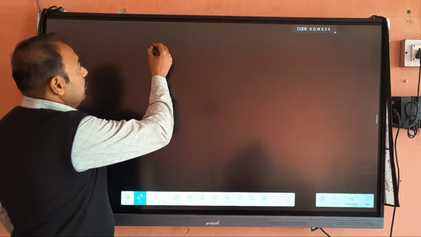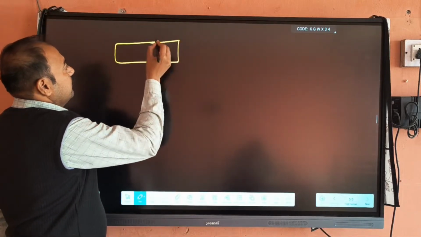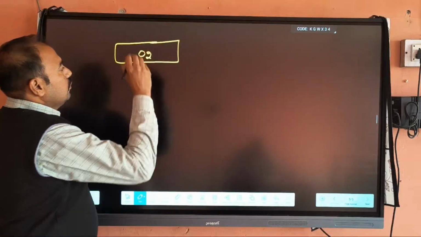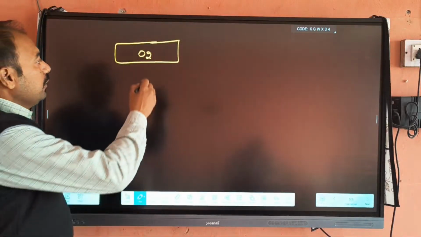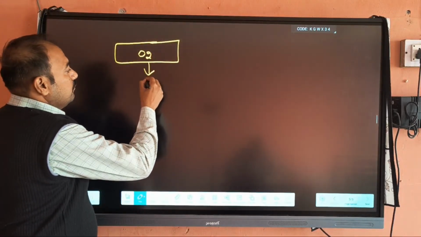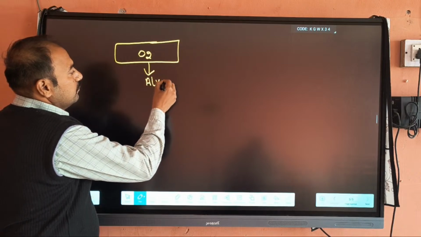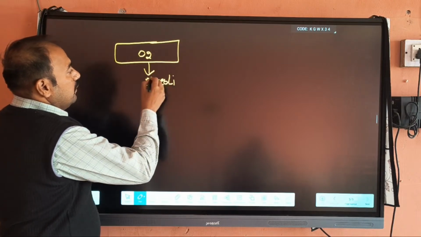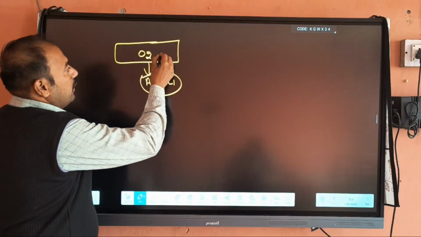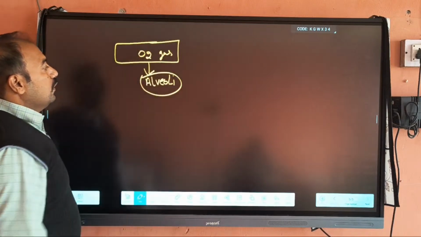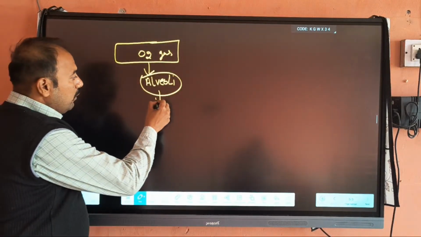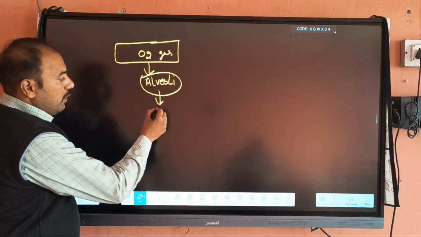So first of all, O2 is taken in. O2 goes where? To the alveoli. In the alveoli, O2 is in gas form. This alveoli sends it to the blood vessels.